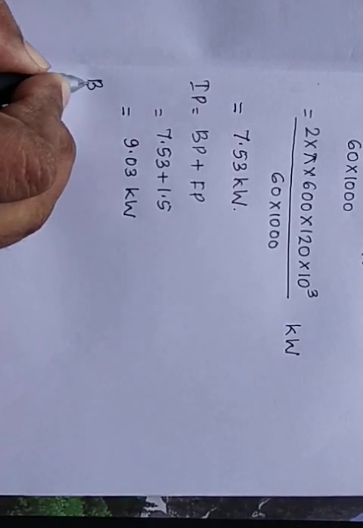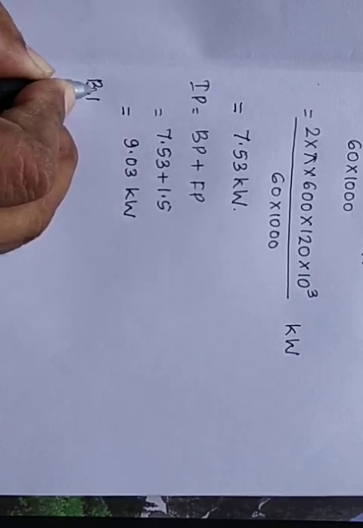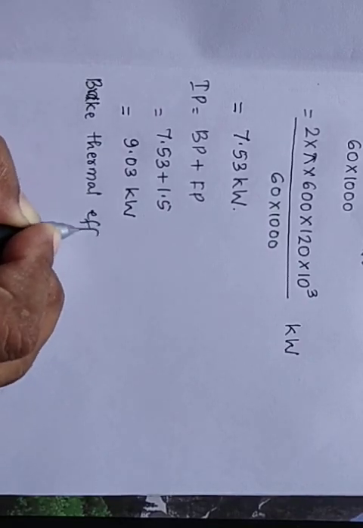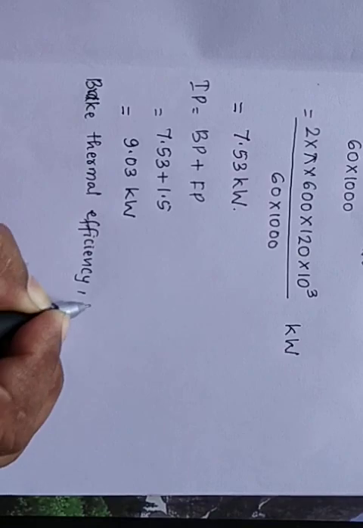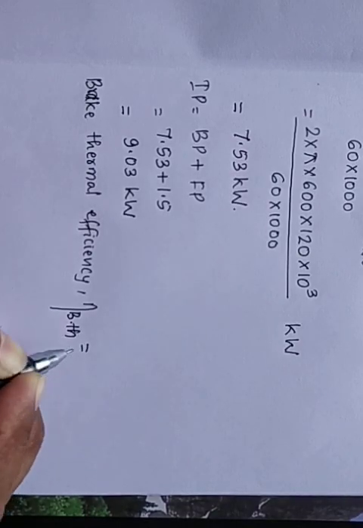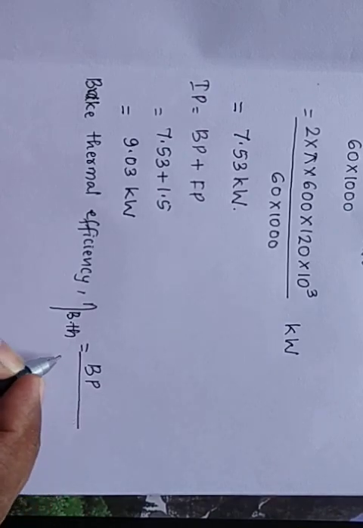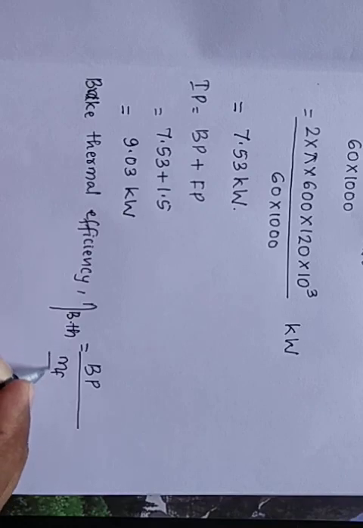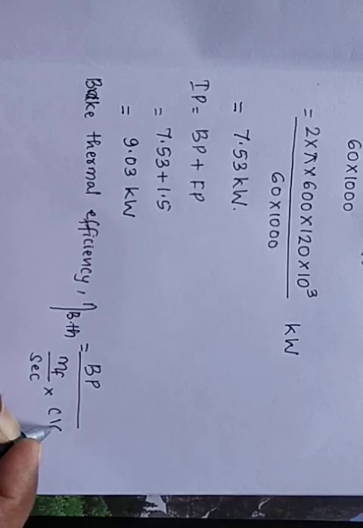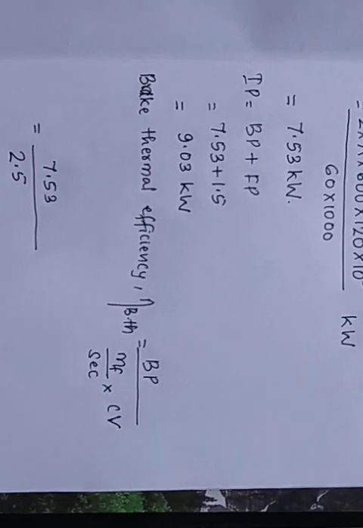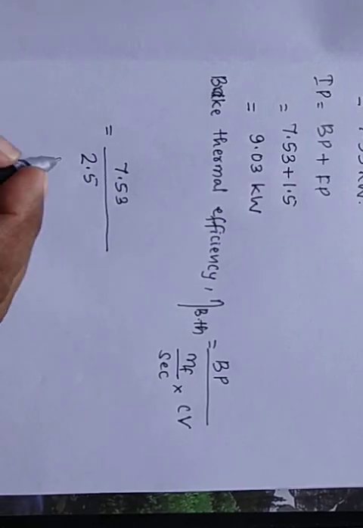So once you get the value of IP, next find out brake thermal efficiency. Brake thermal efficiency, that is eta BTH will be equal to BP divided by MF per second into CV. That is BP is 7.53 divided by MF, that is mass of fuel consumed is 2.5 and it is for 1 hour.